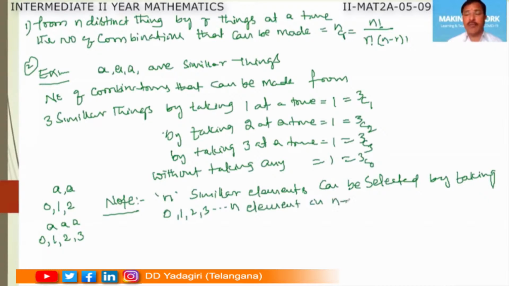Only n plus 1 ways. N similar elements can be selected by taking 0 elements, 1 element, 2 elements, 3 elements and so on up to n elements in n plus 1 ways.